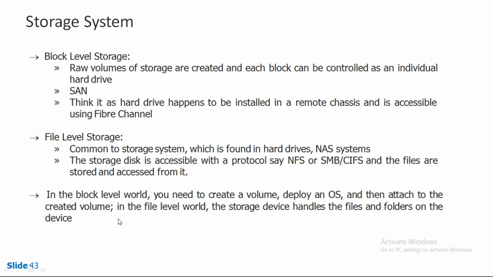With block level storage, you need to create a volume, deploy an OS, and then attach to the created volume. So this is what attach, then make it recognize, and then we use it. In the file level world, the storage device handles the files and folders on the device directly. You don't need to create and deploy an OS. That is the difference between block level and file level storages.